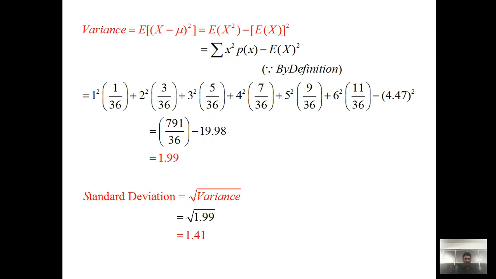Also we are interested to find the standard deviation, which is just the positive square root of the variance. The variance is 1.99, and the square root of 1.99 is 1.41. So this is the standard deviation. Remember, standard deviation is just the positive square root of variance.